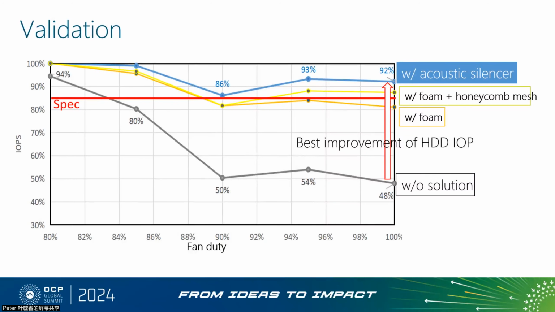This improvement allows the HDD to meet the corporation specification, maintaining IOPS performance at over 85% of the maximum limit.